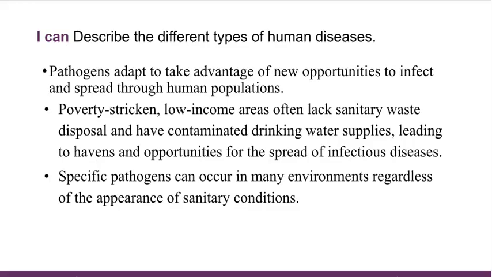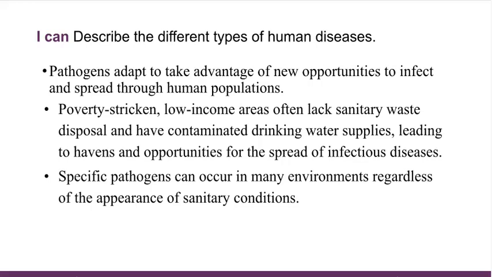Let's talk about pathogens. So pathogens are microorganisms that cause disease. Pathogens will often hit poverty-stricken, low-income areas because they don't have the money for good sewer systems and for clean drinking water.